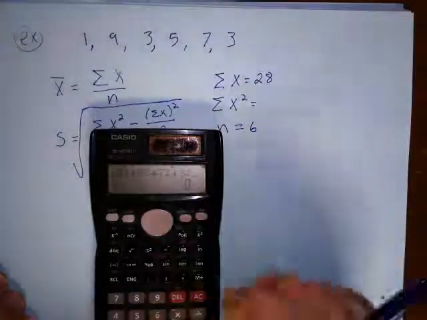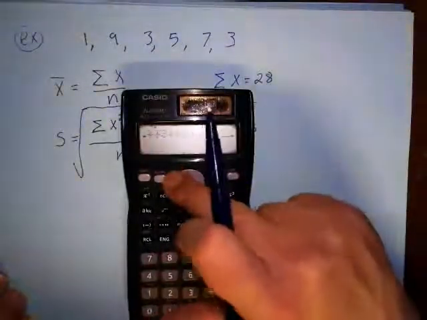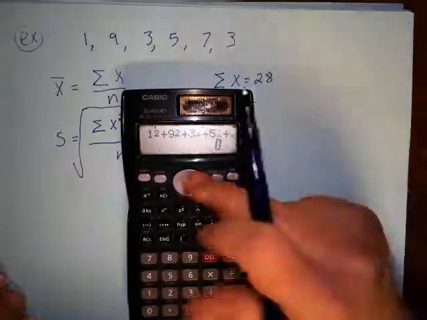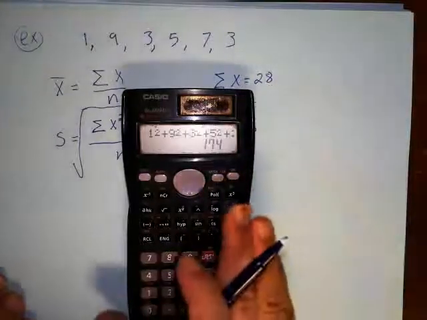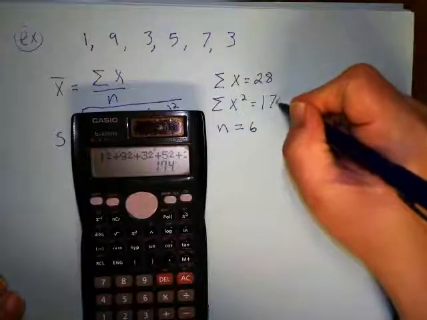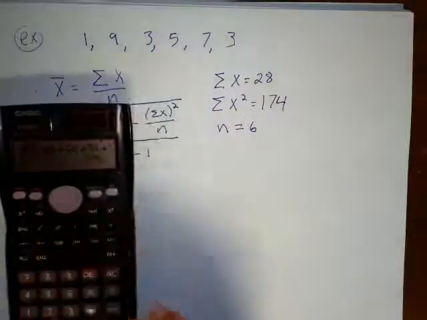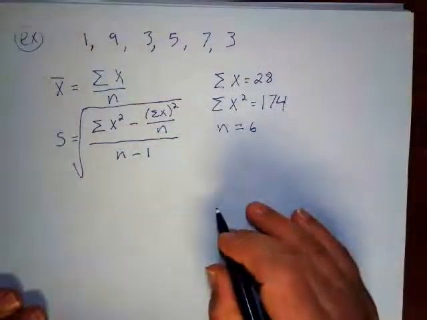If you look at my calculator here, what I've done is I've squared each value individually and I'm adding them up. And this gives me 174. So these are the numbers that go into these formulas over here.